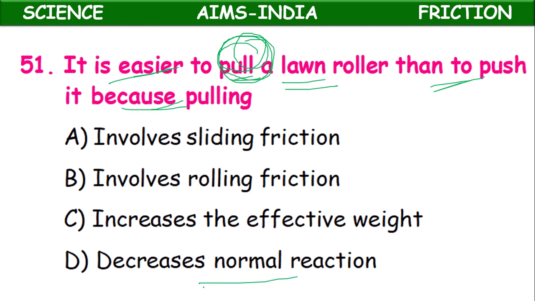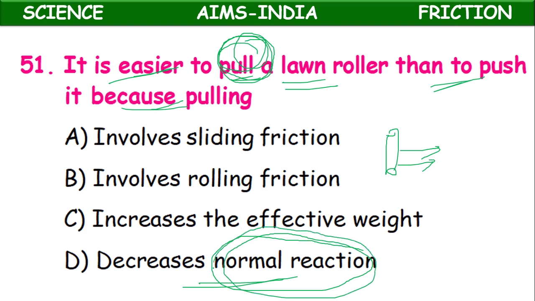Pulling decreases the normal reaction because the movement of the roller is in the forward direction. We are pulling it in the forward direction. The normal reaction will reduce. Because of less normal reaction, less friction will be created and it will be easy to pull.